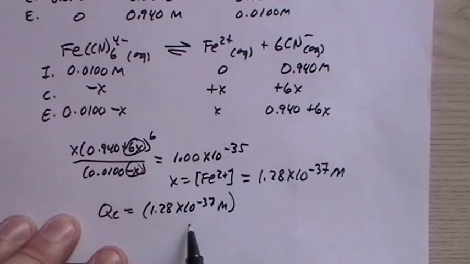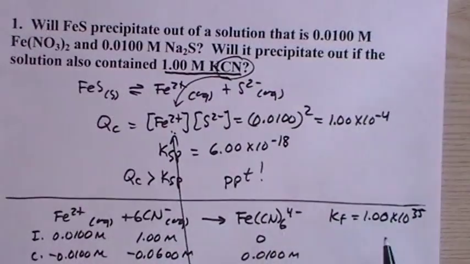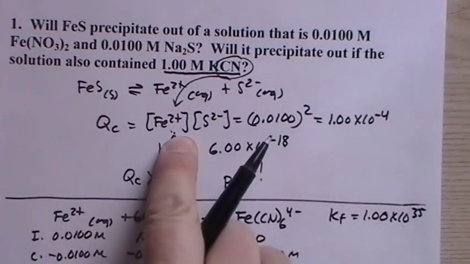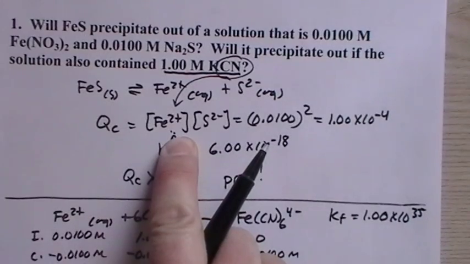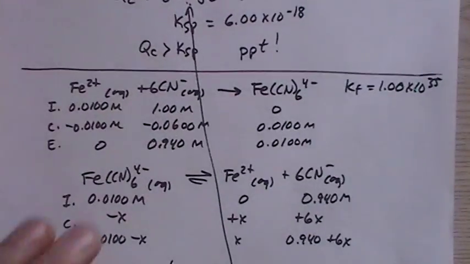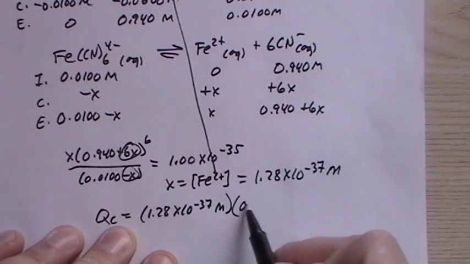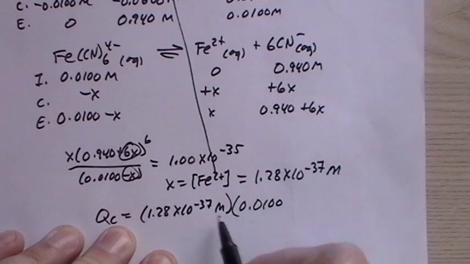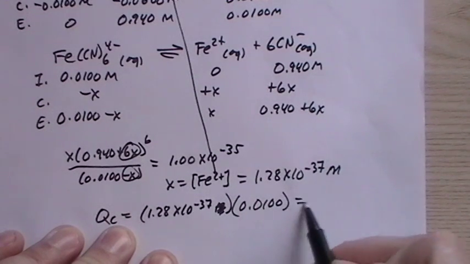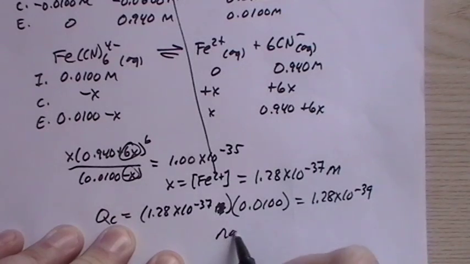Now, the QC. This is our iron value, and we're going to put this iron value up into here, because it was 0.01 iron 2. But when we added the cyanide, it reacted with it and brought it down to this level. This comes up to 1.28 times 10 to the minus 39, and so no precipitate.